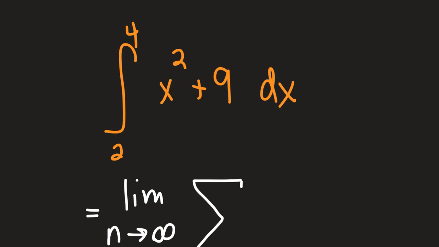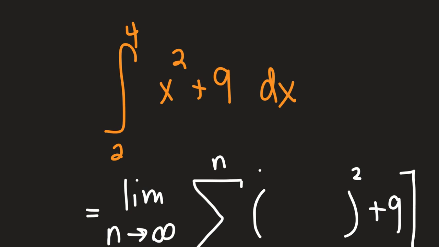Let me erase that. It needs to be i, not n. This is where your i value goes. Of something squared plus 9. Okay, and I'm going to put that in brackets.